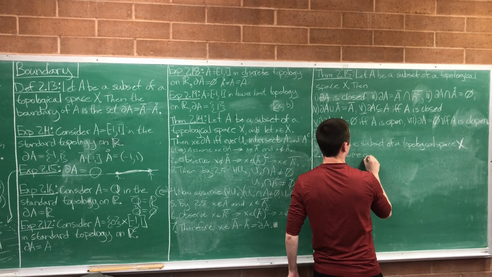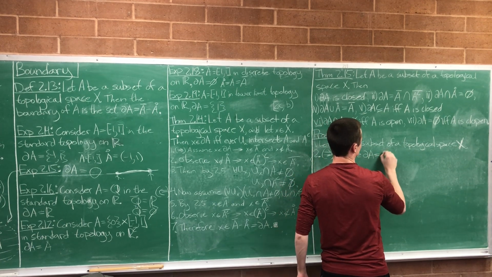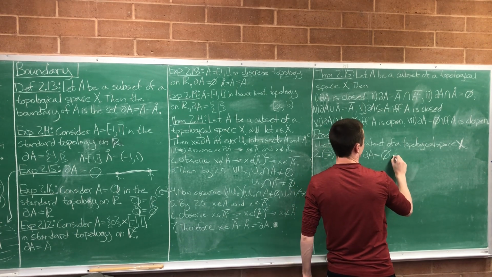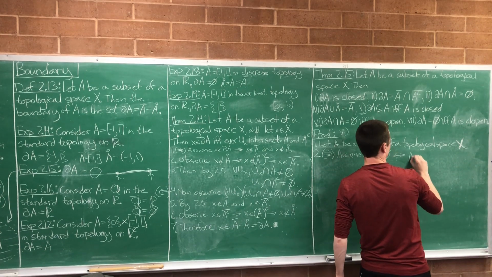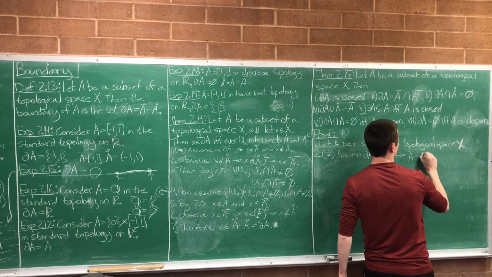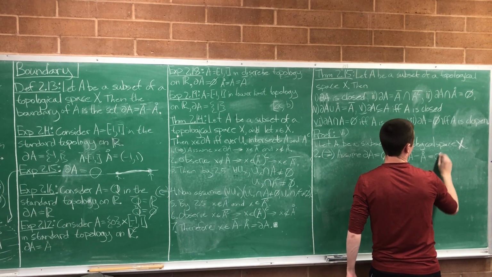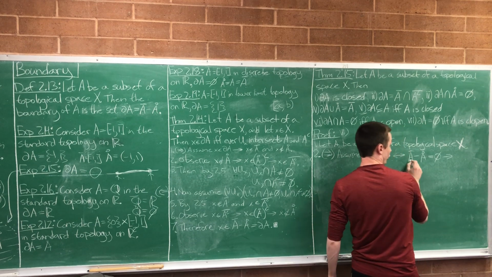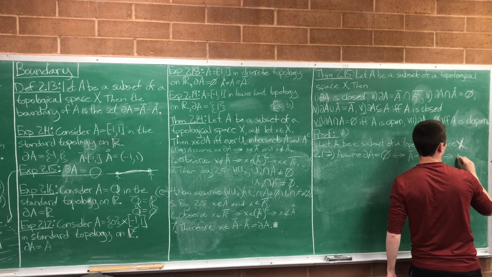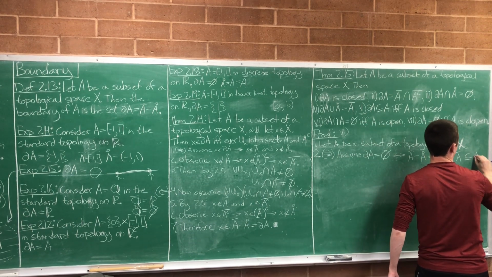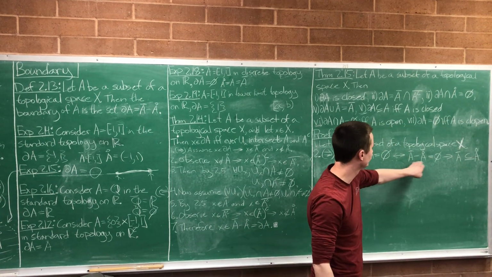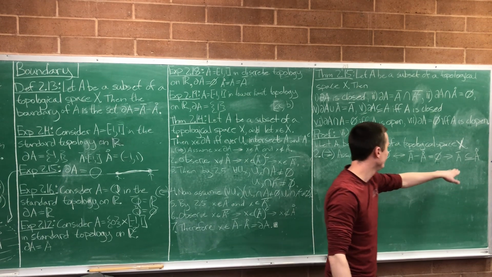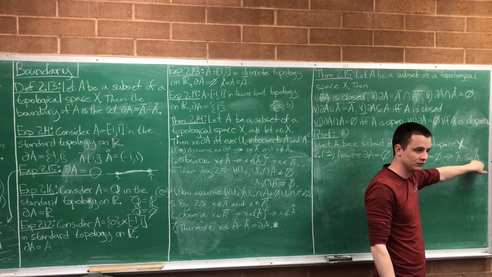Assume that the boundary of A is equal to the empty set. That's the same thing as the closure minus the interior is the empty set, but that gives us that the closure is a subset of the interior. If I take the closure and I remove everything in the interior, and it turns out I removed everything, then everything in the closure must have been in the interior.